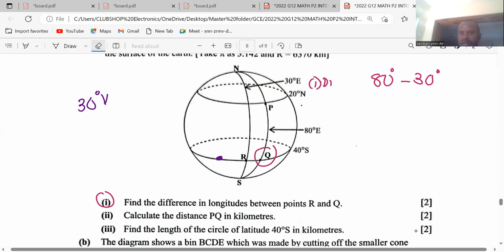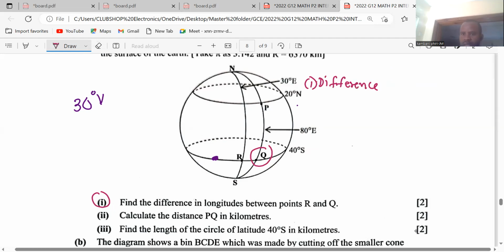Let's write it nicely. The difference in longitudes is equal to 80 degrees minus 30 degrees, and this gives us 50 degrees.